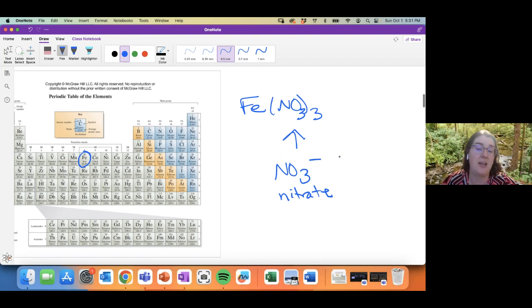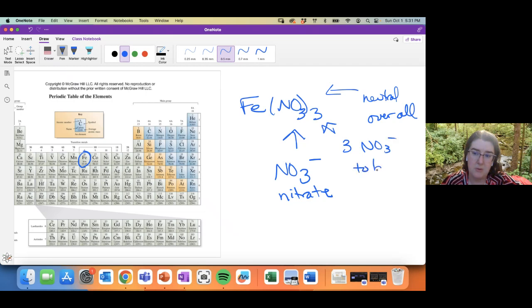So I'm supposed to know the nitrate, and I'm supposed to know the charge on the nitrate. Since I know that the nitrate's -1 and that this compound overall is neutral, because it's an ionic compound, it took 3 nitrates to make it neutral. So my iron has to be +3.